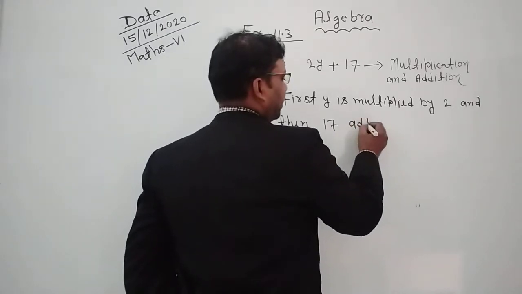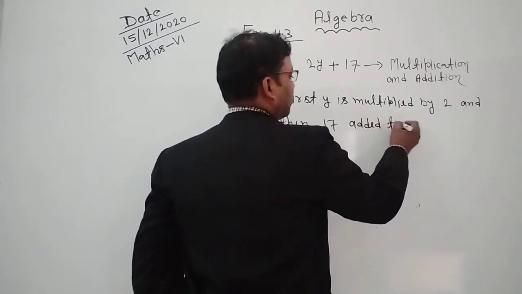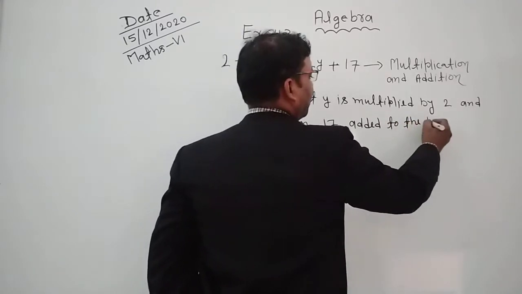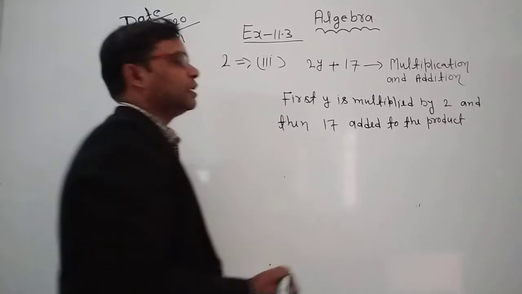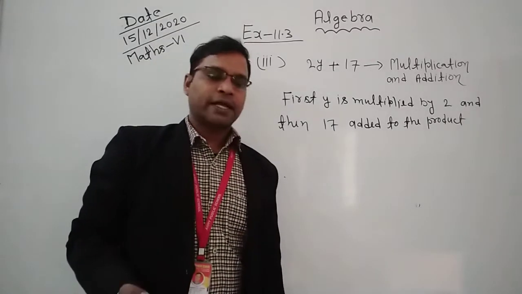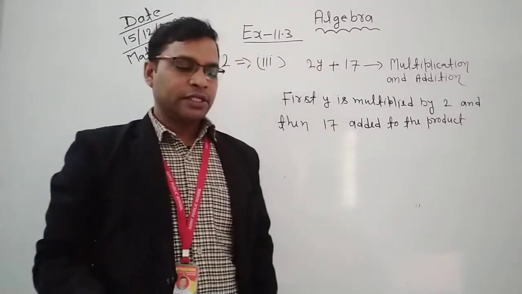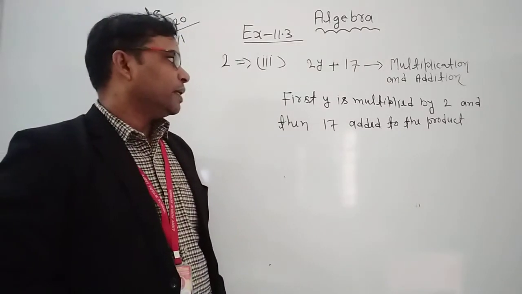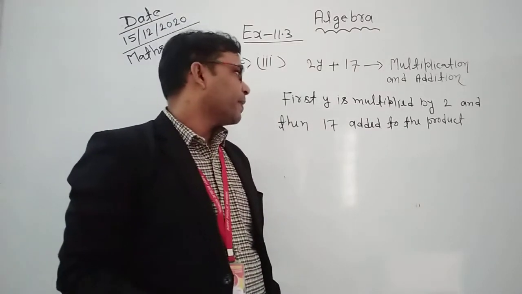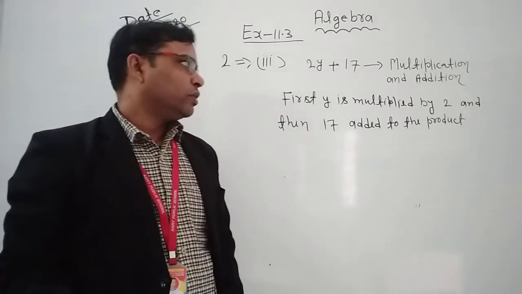In place of product you can also write result. This is clear. First y multiplied by 2, and then 17 is added to the product.